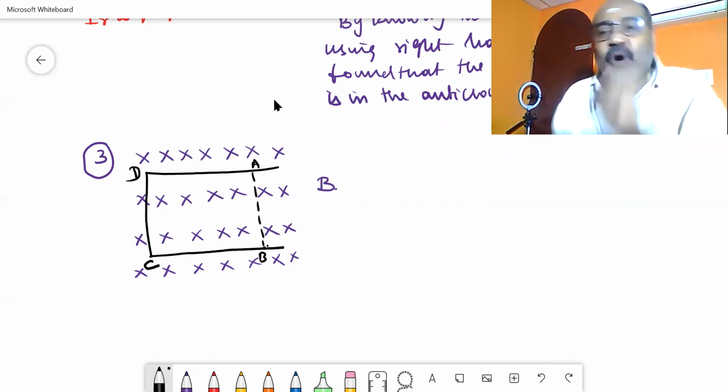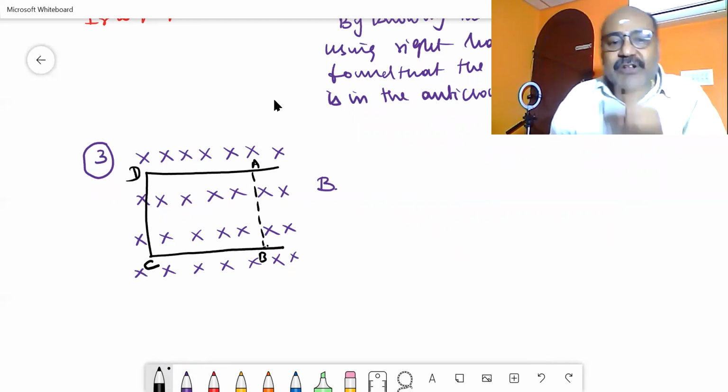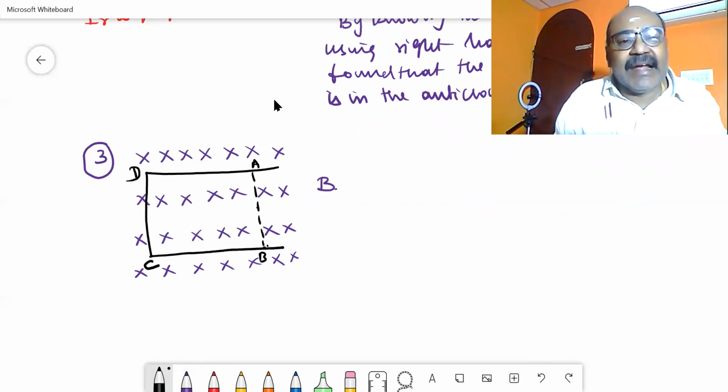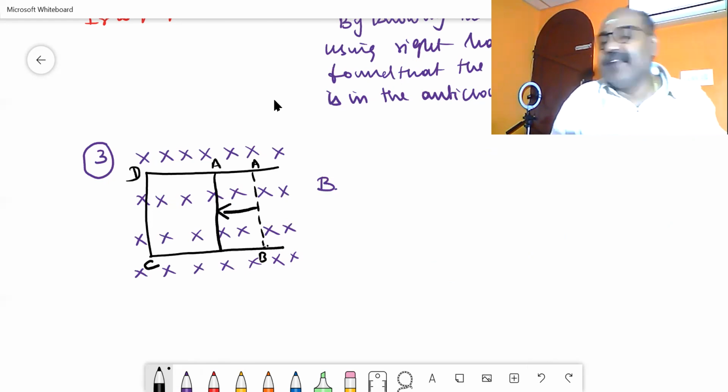Now what I am going to do? What I am going to do in the third point means I am moving this sliding conductor AB to a new position towards the frame or inwards in the frame, so that the area enclosed by the frame is decreased.